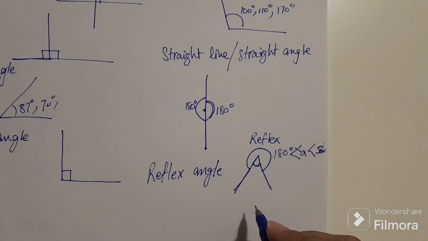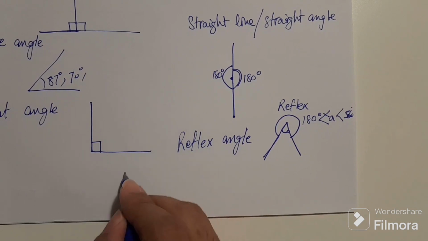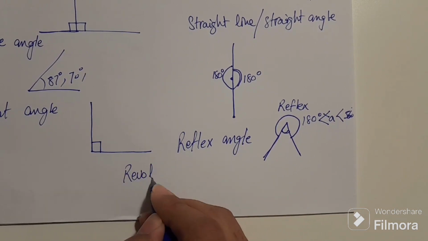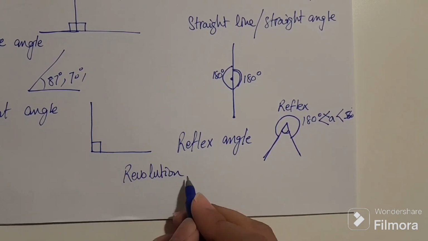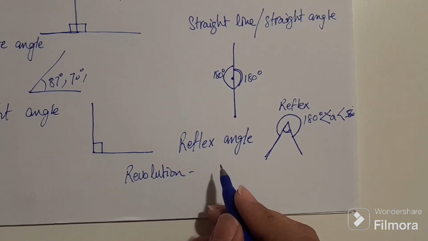And the last is revolution. Revolution means when the line meets the same line again after a turn of 360 degrees.